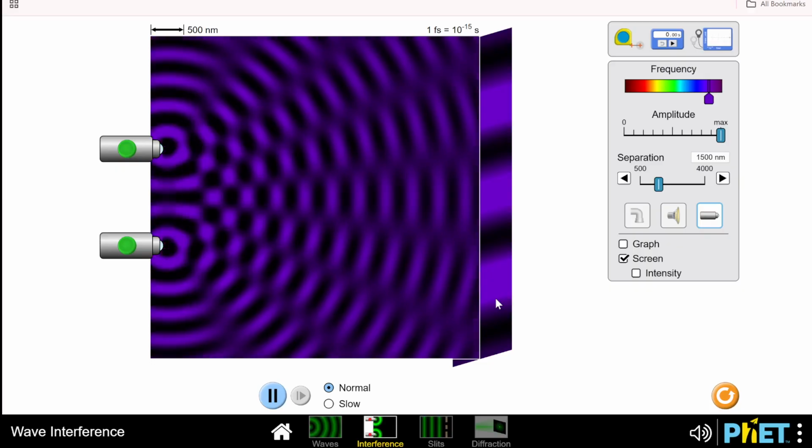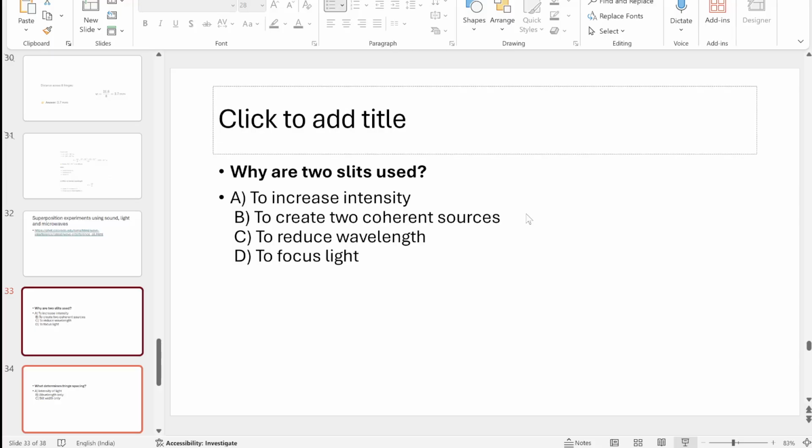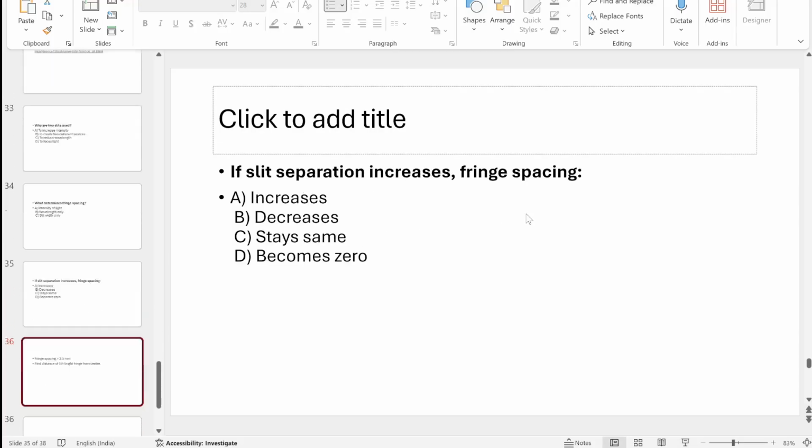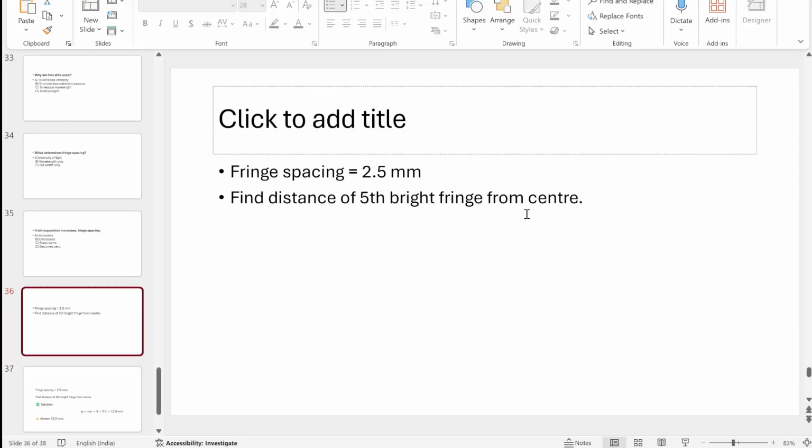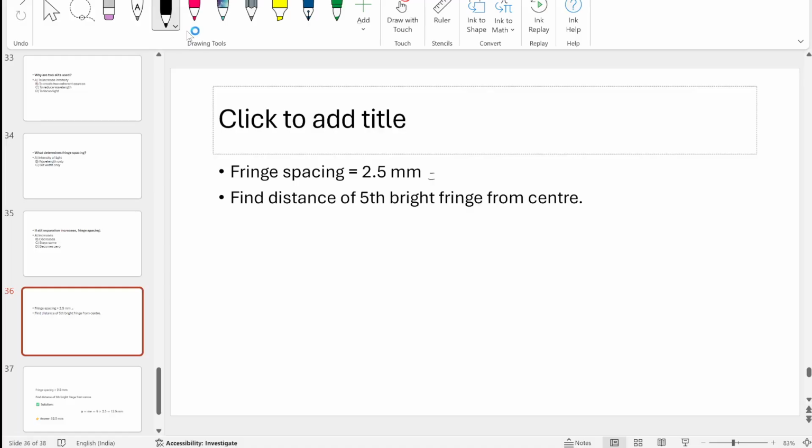All right. So let's do this question. If the fringe spacing is 2.5 mm, find the distance of the fifth bright fringe from the center.